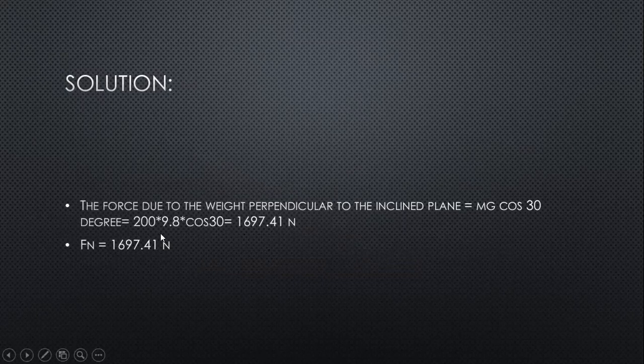So 200 into 9.8 into cos theta. In place of theta, you put 30 degree, since the plane inclination is 30 degree. Now the normal force value is 1697.41 Newton.